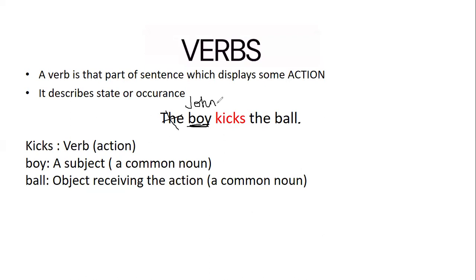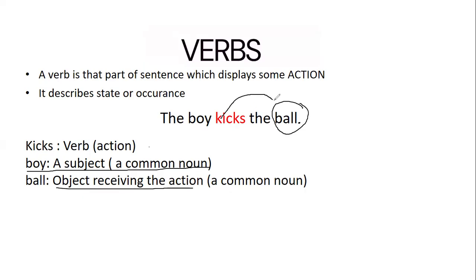We know his name. But here, the boy kicks the ball. We don't know which boy is kicking the ball. So it's a common word which is being used. So boy is our subject, a common noun. Same way, ball, it's a thing, right? And it is the object that is receiving this kicking action. Ball is also our common noun.